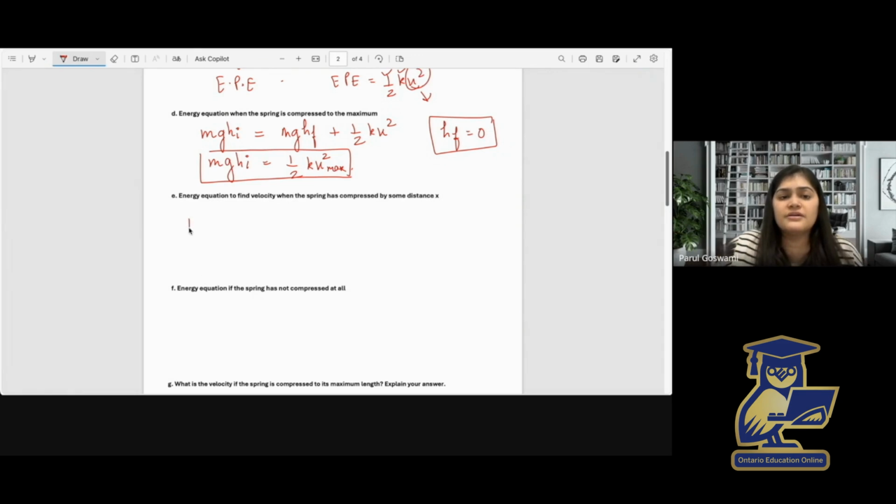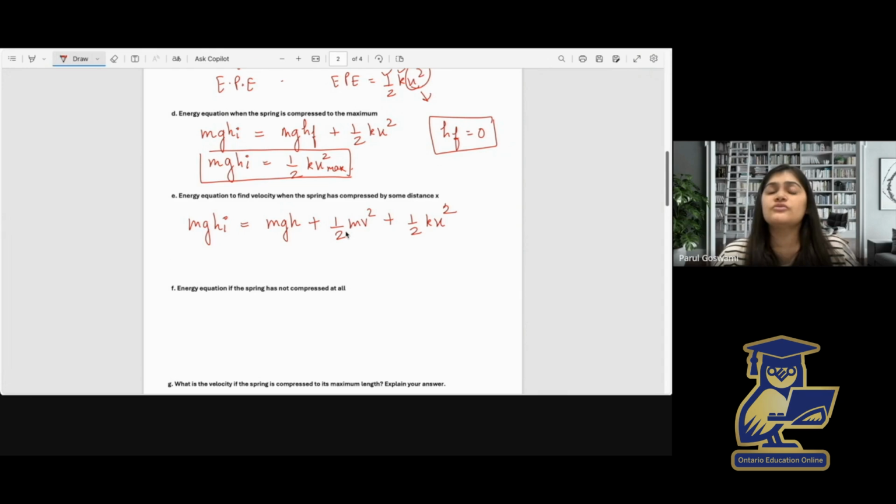The initial energy was only GPE, but this has been transformed into some gravitational potential energy plus some kinetic energy plus some elastic potential energy. So it will be converted to mgh plus half mv squared plus half kx squared. This equation can be used to find the velocity v when the spring has compressed by some distance x. The key idea is that not all energy has gone into the spring yet. Some energy is still kinetic energy. After rearranging the equation, we can find velocity v.